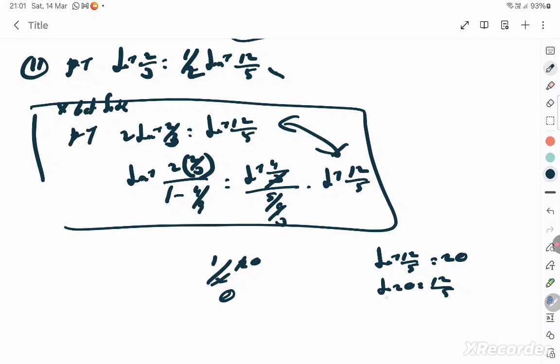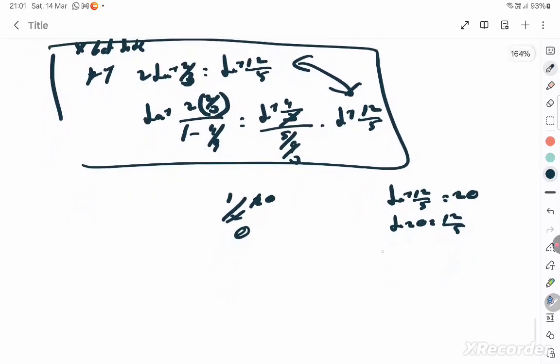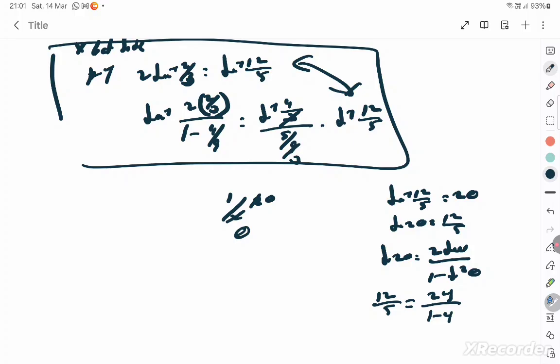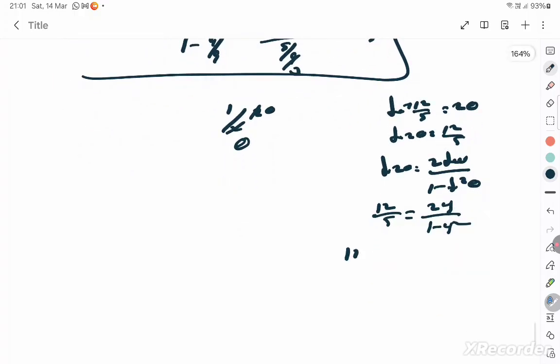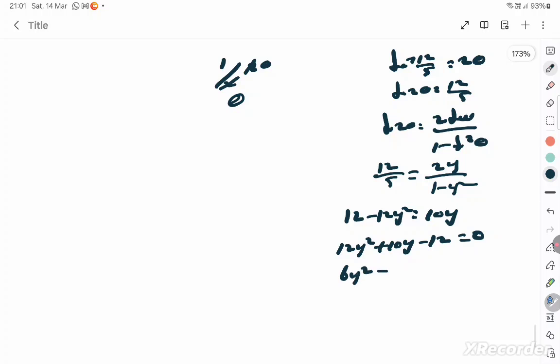But what you have is tan 2 theta, and tan 2 theta is 2 tan theta by 1 minus tan square theta. So 12 by 5 is equal to 2y by 1 minus y square. Cross multiplying, 12 minus 12y square is equal to 10y. So then 12y square plus 10y minus 12 is equal to 0. 6y square plus 5y minus 6 is equal to 0.